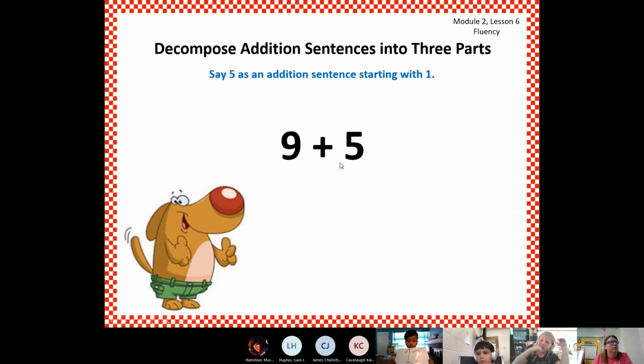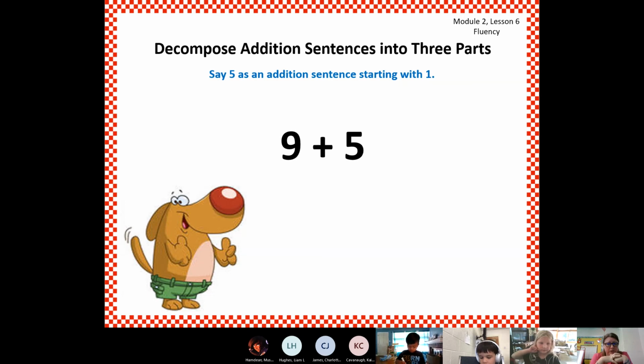All right, so now let's do 9 plus 5. So put 9 plus 5 on your board. All right, let's break apart the 5, with 1 being a part and figure out. So for 5, it'd be 1 and what?